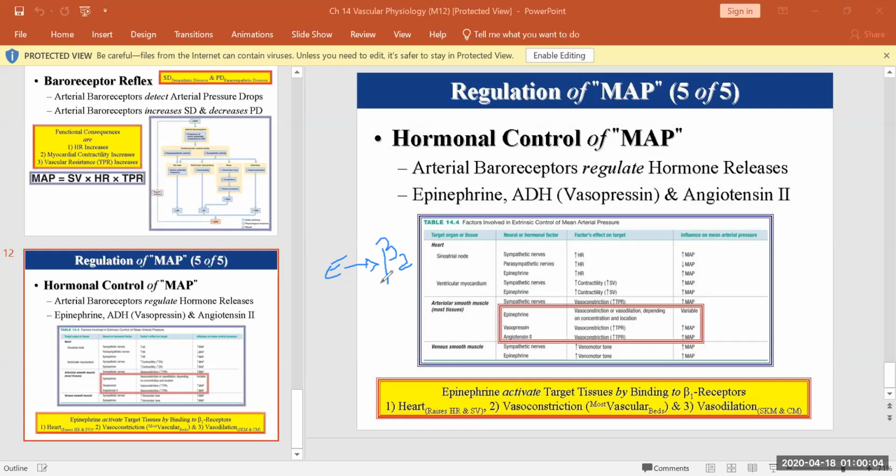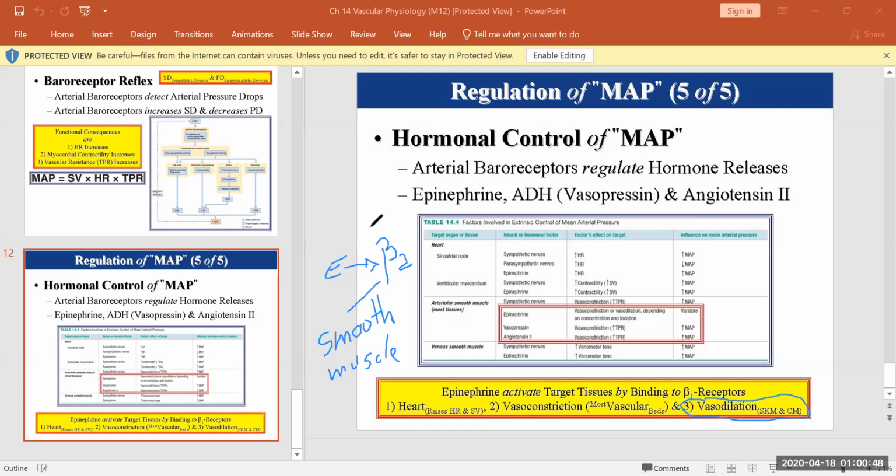And these beta-2 receptors are located in smooth muscle on the walls of blood vessels that are perfusing, and I repeat, perfusing skeletal muscle and cardiac muscle.